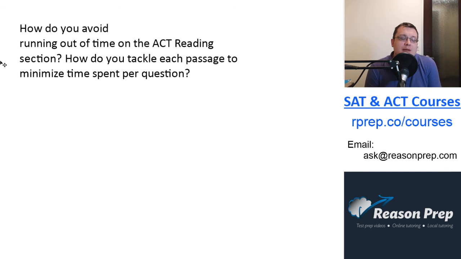For example, if someone's getting a 22 on reading, and they ask me, well, how do I finish? I can say right off the bat, you're focusing on the wrong thing. The reason why you're getting a 22 or 23 or 24 or 25 is not because you're running out of time. That's not the issue.